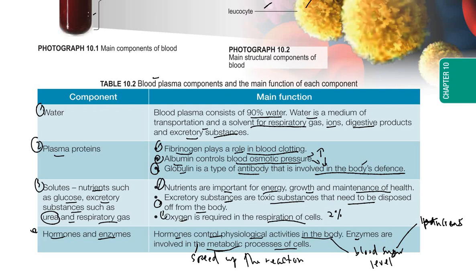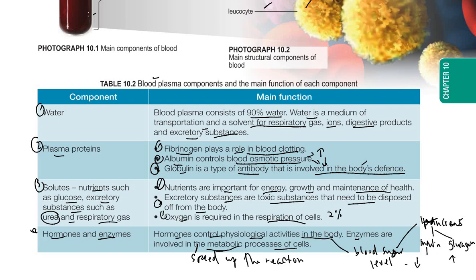At the same time, the pancreas also functions to produce hormones, insulin and glucagon. This one also we are going to learn in chapter 13. So insulin helps to lower the blood sugar level. Okay, glucagon will help to increase the blood sugar level.